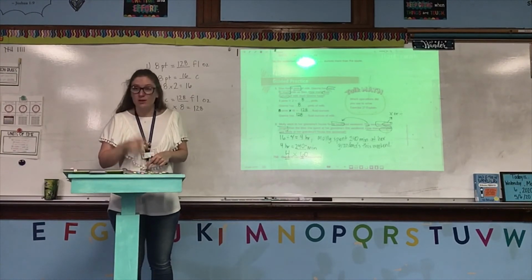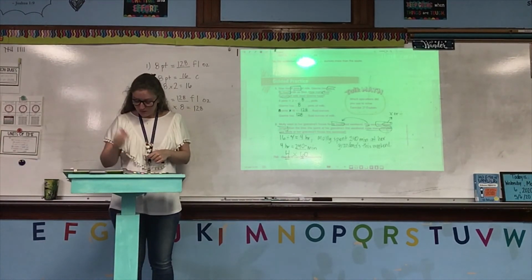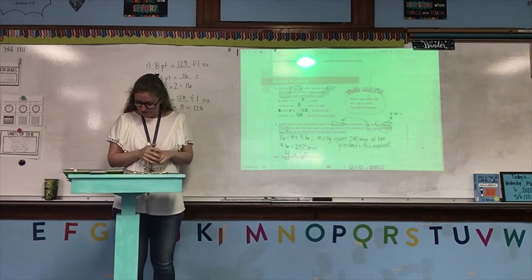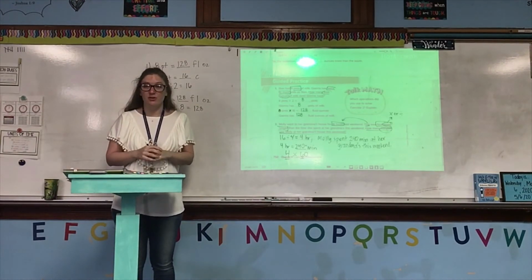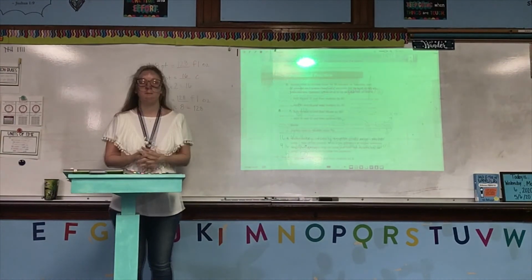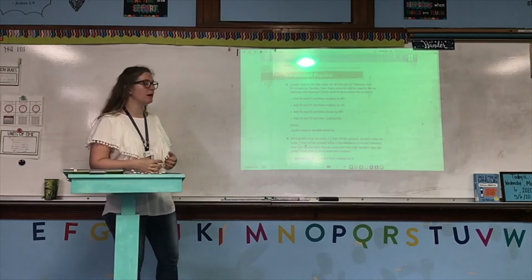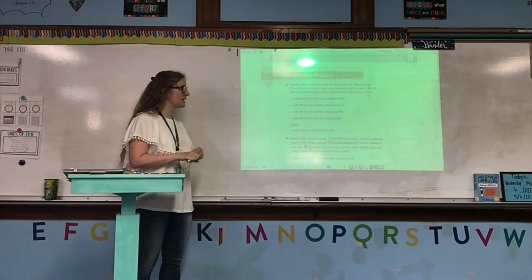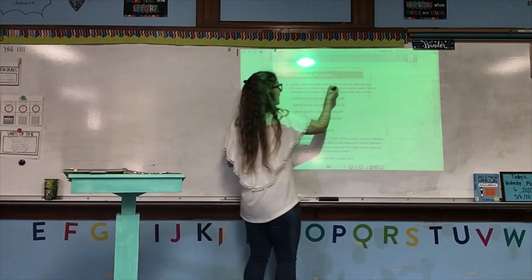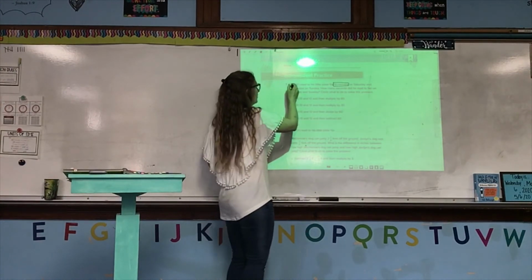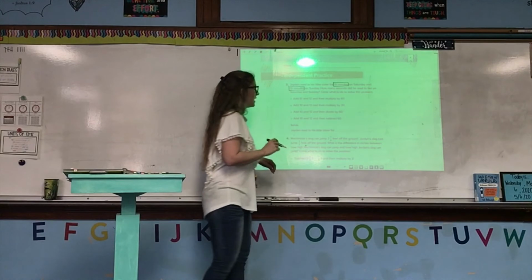Okay, so let's see. We'll go ahead and do number 3 together, but then the rest you're going to do on your own. So go ahead and turn to the next page, and we'll do number 3 together. Let's look at number 3 and read the problem in your head while I read out loud. Jaden read to his little sister for 10 minutes on Saturday and 12 minutes on Sunday.